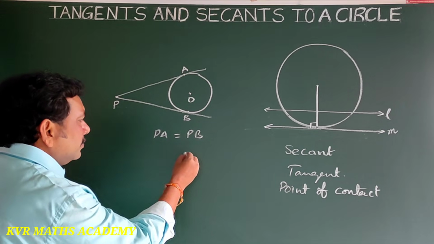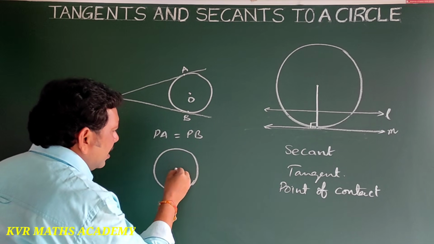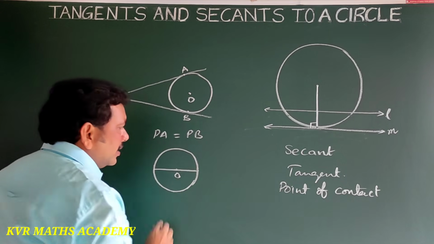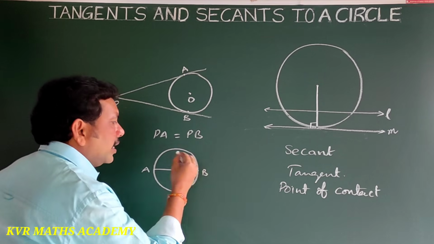Next, suppose a circle of center O is there. A diameter AB is also there.